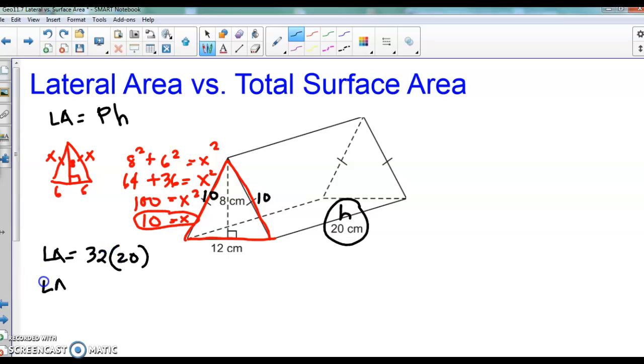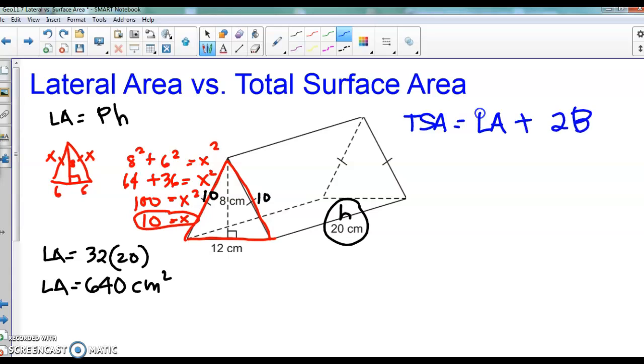So the lateral area is equal to 640 centimeters squared. Okay, now let's go to the total surface area. So TSA is LA plus twice the base area. We already know our LA, so lateral area is 640.